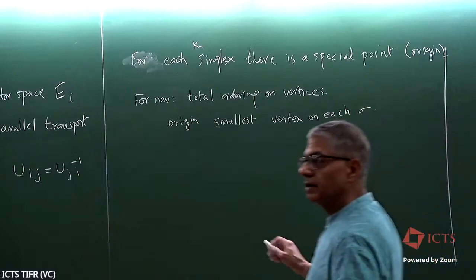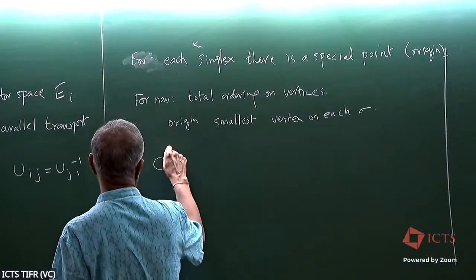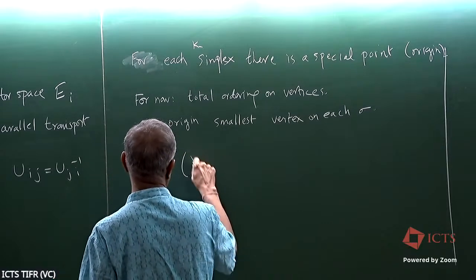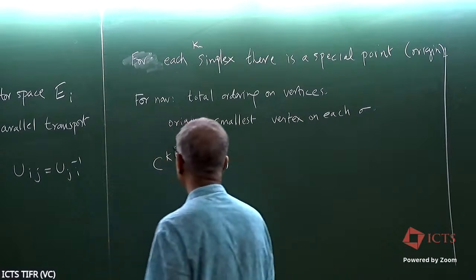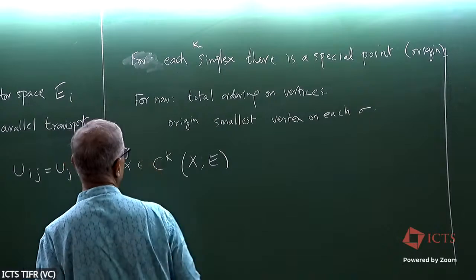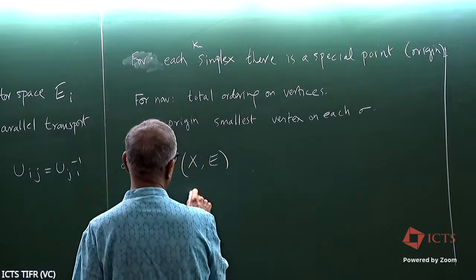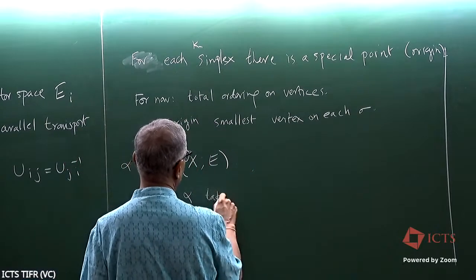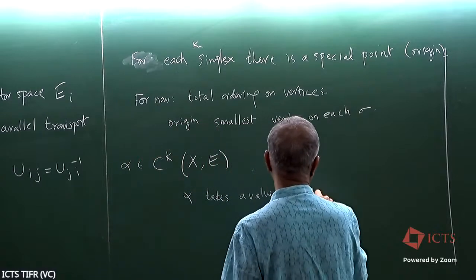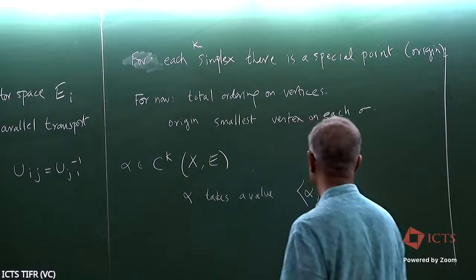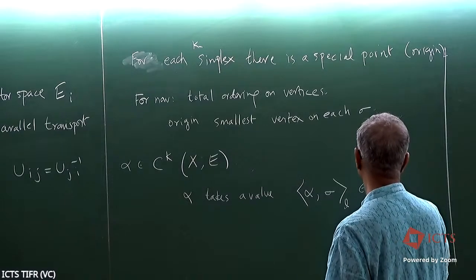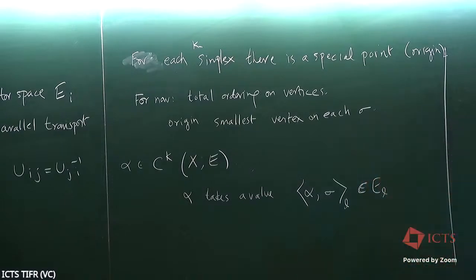So the space of E-valued k-cochains will be such that if alpha belongs here, then alpha takes a value, let's call it alpha evaluated on sigma. This is a k-simplex, and let's say L is the origin. This is living in the vector space E_L.